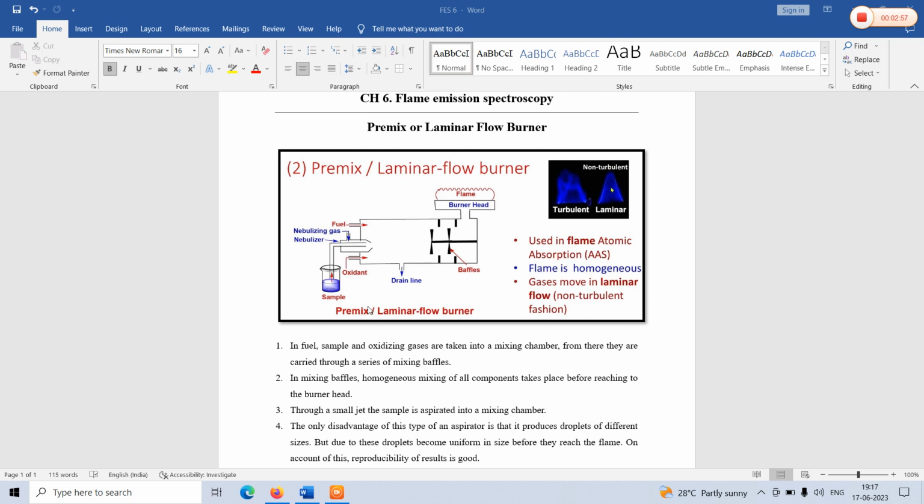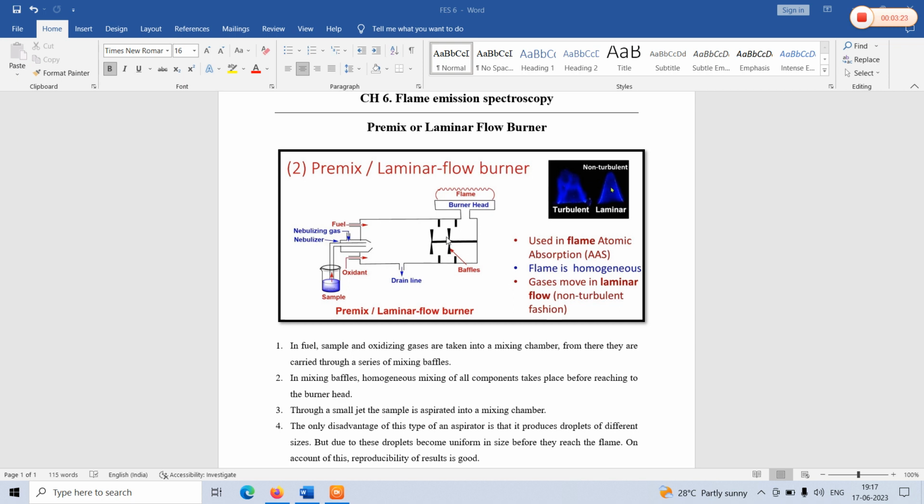As I have already told, the fuel, oxidant and sample get mixed in this mixing chamber, and then all the components are carried towards the mixing baffles. In the second point, in the mixing baffles, homogeneous mixing of all components takes place.